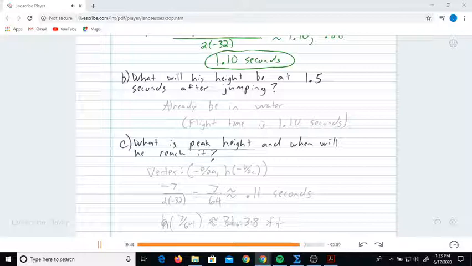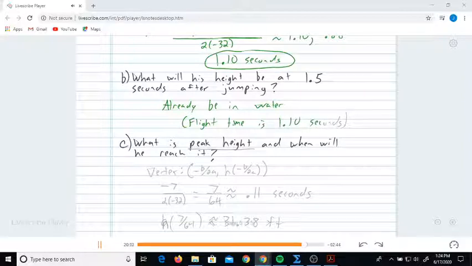So we don't have to do anything there. If you plug in 1.5, you're actually going to get a negative number, which doesn't make sense. And the reason you get a negative number is because in part A, we figured out the flight time. It's 1.1, so the diver will not be in flight at 1.5 seconds. Their flight will have been concluded by that point.